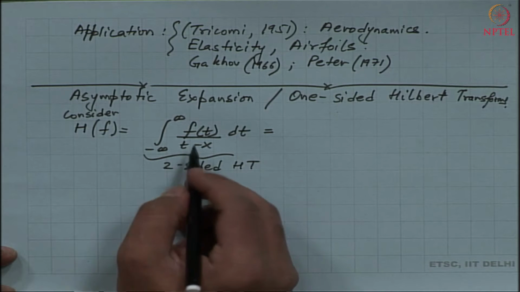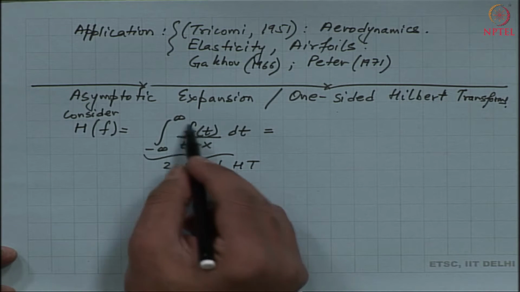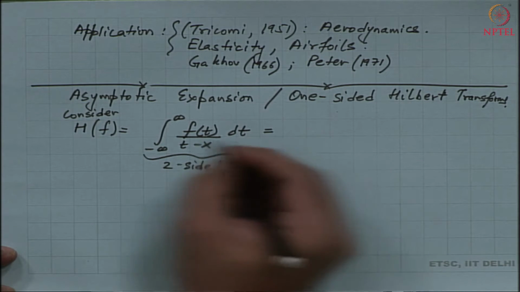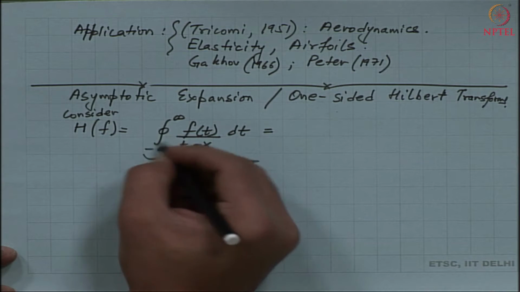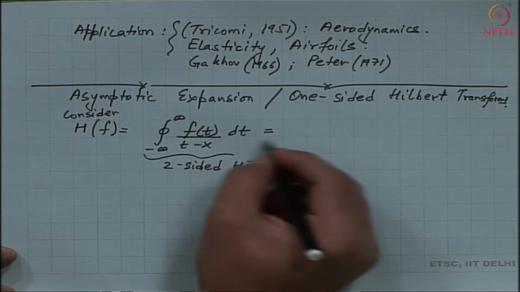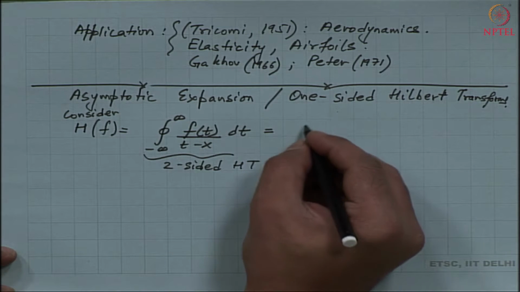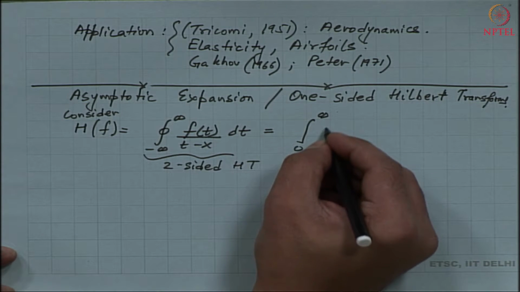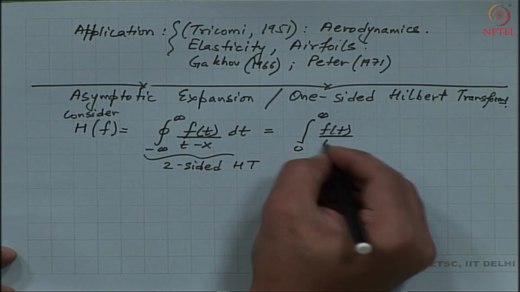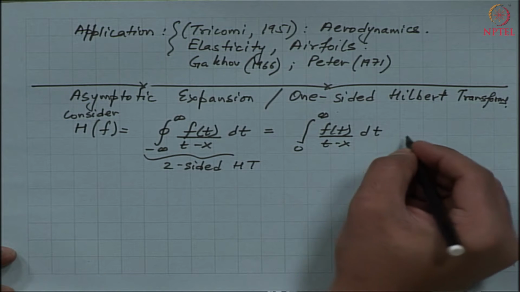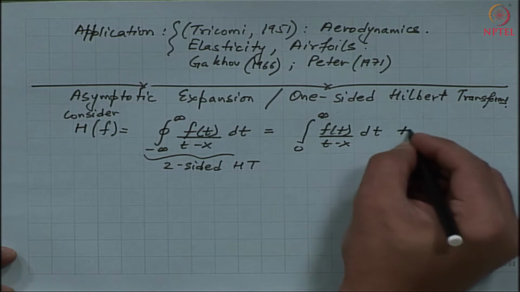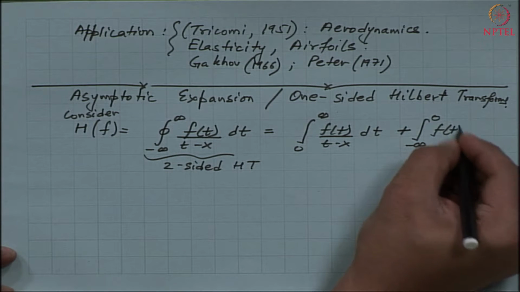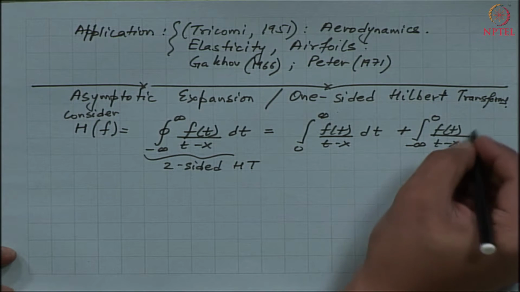Okay. So, then I am going to break this integral at the point x equal to 0, and of course, we have to take care of any arising singularities in the appropriate integrals. So, breaking it into two integrals: from 0 to infinity of f of t divided by t minus x, and then from negative infinity to 0 of f of t divided by t minus x, dt.